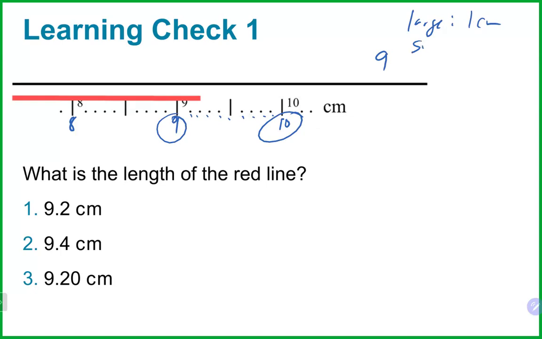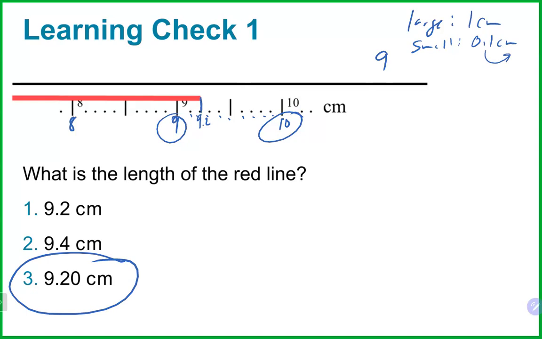Which means if we take our small markings, that is 1 divided by 10, 0.1 centimeters, right? Which means we should be able to, if it's dead on that 9.2 right there, because we could go one more place to the right, this should be 9.20 in this case, which has how many significant figures? 3. Uncertain number is 0.